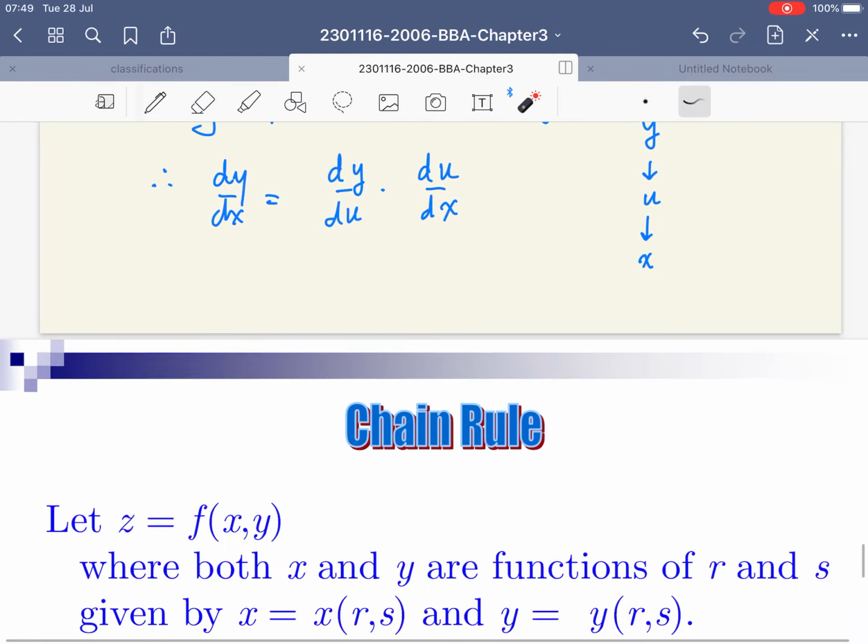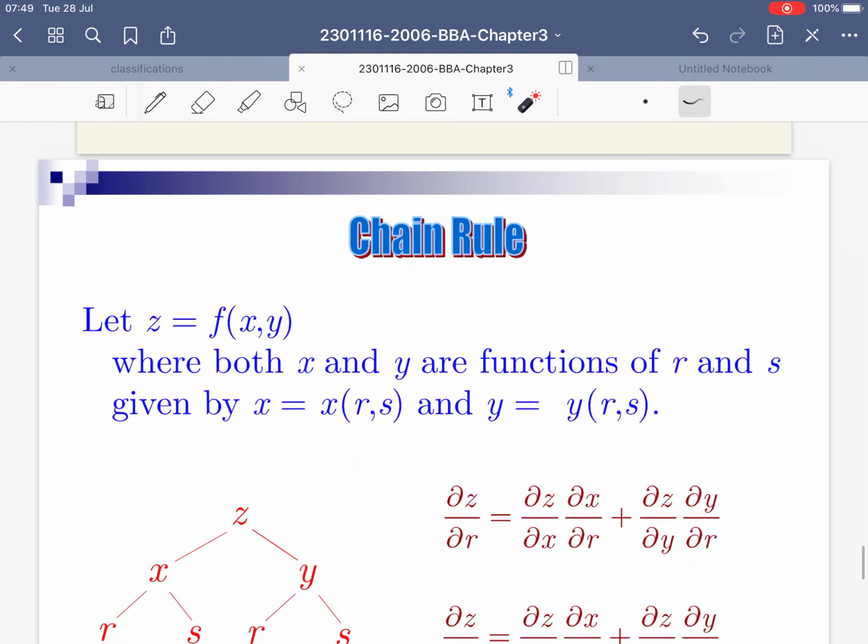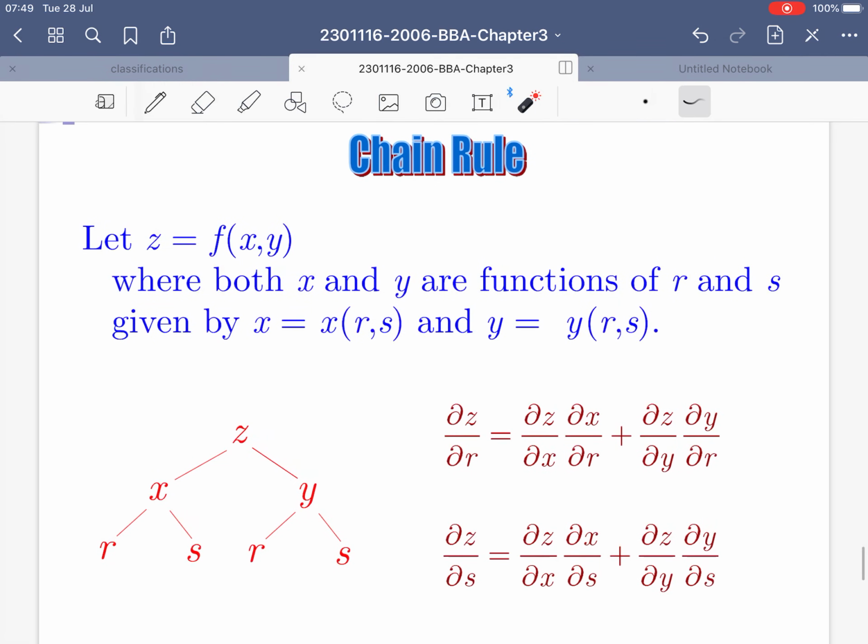Okay, so let us take a look at our chain rule. As I told you, if your z is a function of two variables x and y, and at the same time your x is a function of another two variables r and s, and your y is another function of the same two variables, r and s.